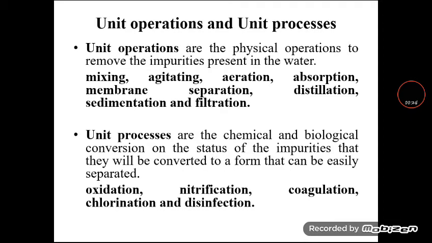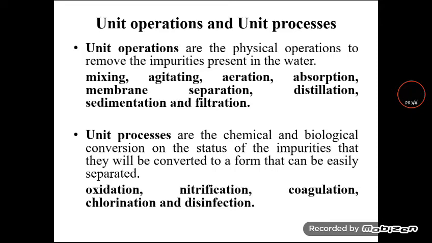So, what is the difference between unit operations and unit processes? Unit operations are nothing but the primary treatments of water which use physical forces. But in unit processes, we are using chemicals to get the changes.